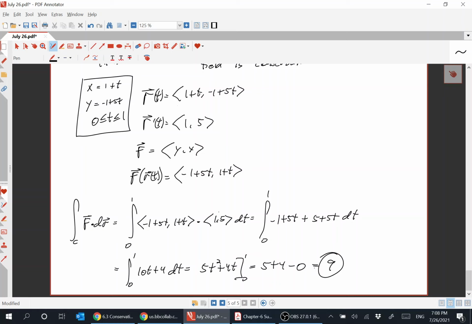Same answer, and it doesn't matter what curve you picked. When it doesn't matter what curve you pick, the nicest one is typically a line segment. It doesn't have to be; for other types of integrals there could be some other curve that's, quote unquote, nicer. I would not recommend doing it this way.